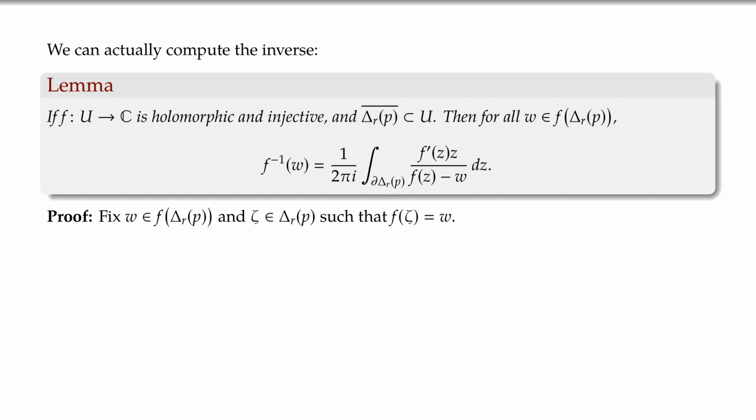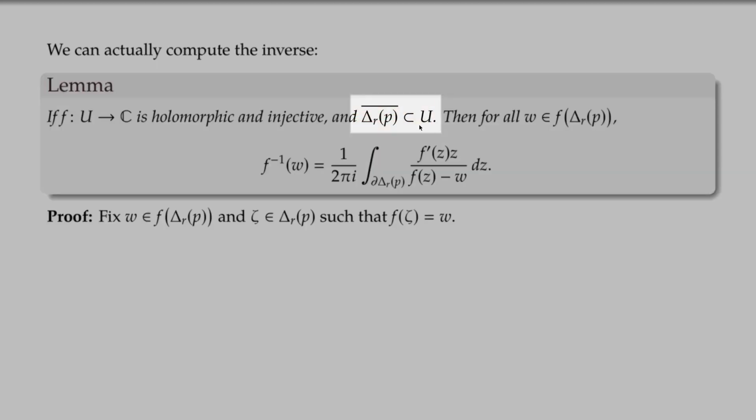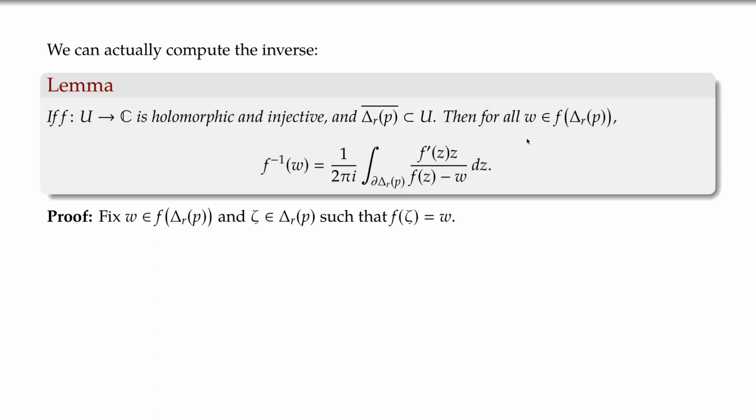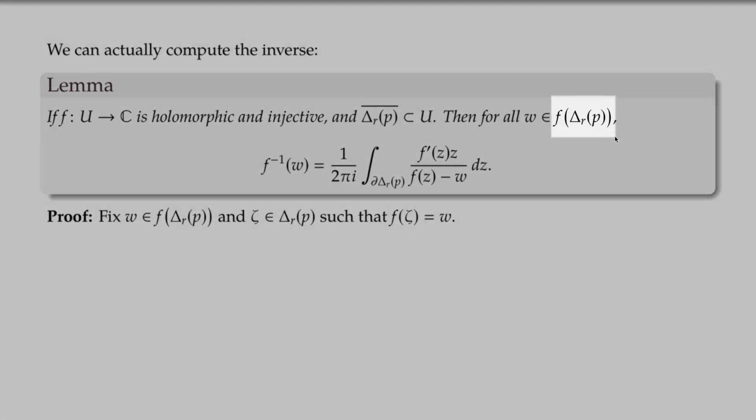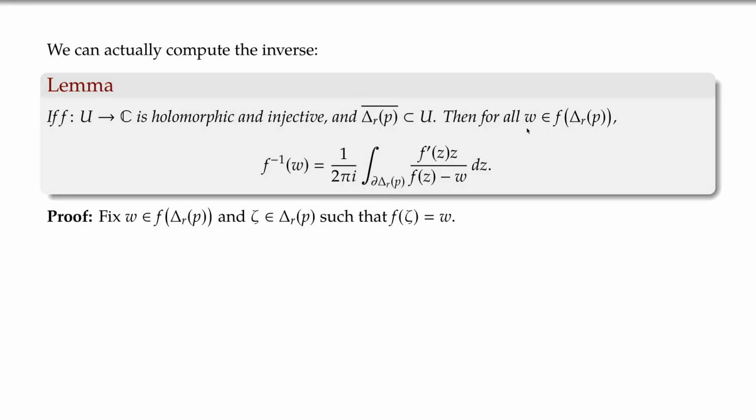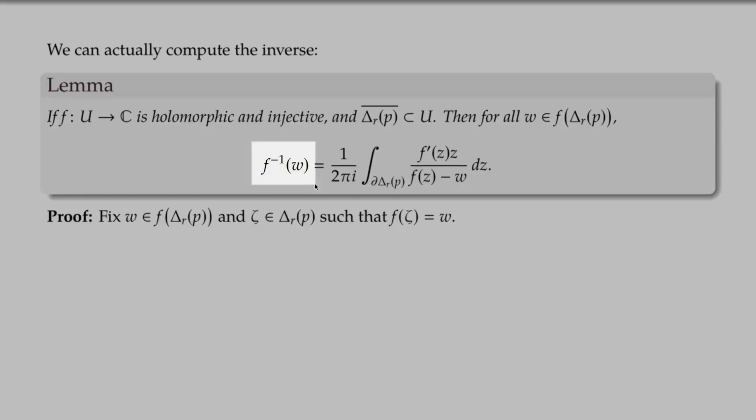So we have the following lemma: if f is holomorphic and injective, and we take a closed disk in U, then for all w in the image of this disk, we actually have a formula for the inverse value, and it's basically this integration around the boundary of this disk, right?